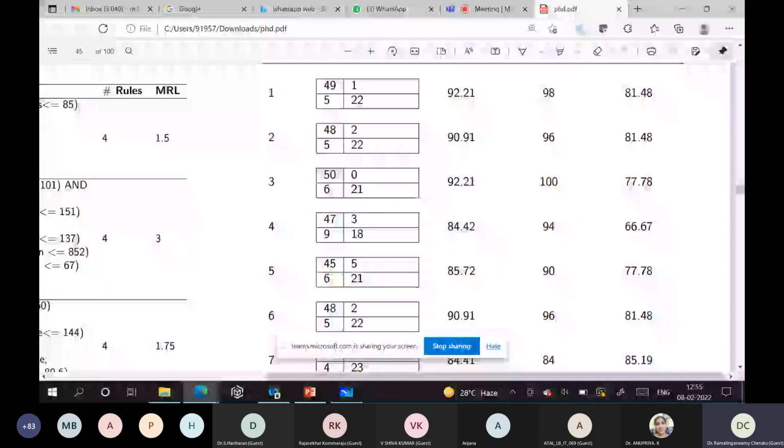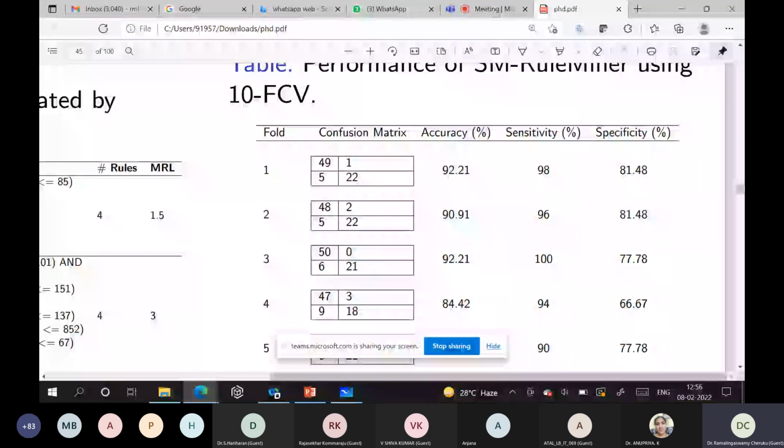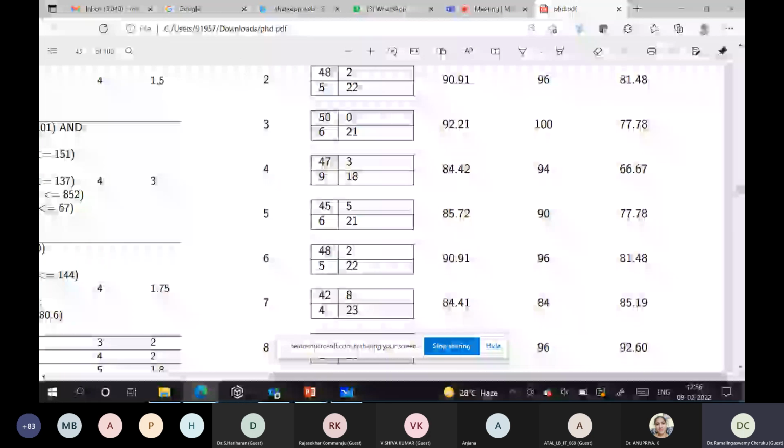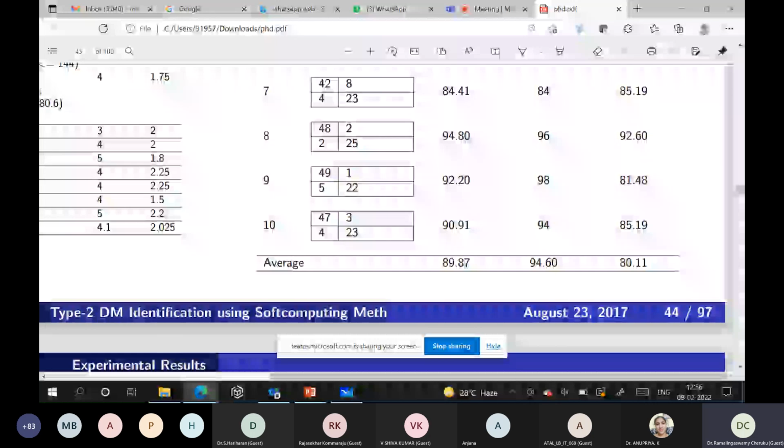Now, the other angle on the performance of your rules is how accurately they classify your data. Toward this end, we found the accuracy and also the sensitivity and specificity. After 10-fold cross validation, we got nearly 90% accuracy: the spider monkey algorithm generated rules which classify your data with 90% accuracy.